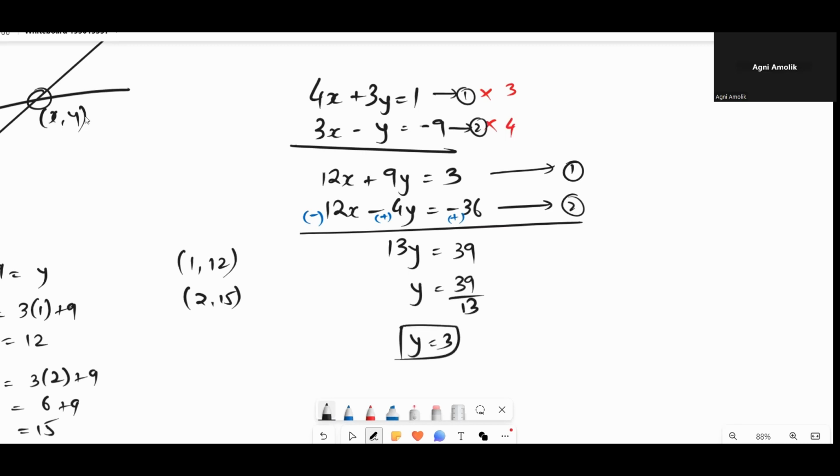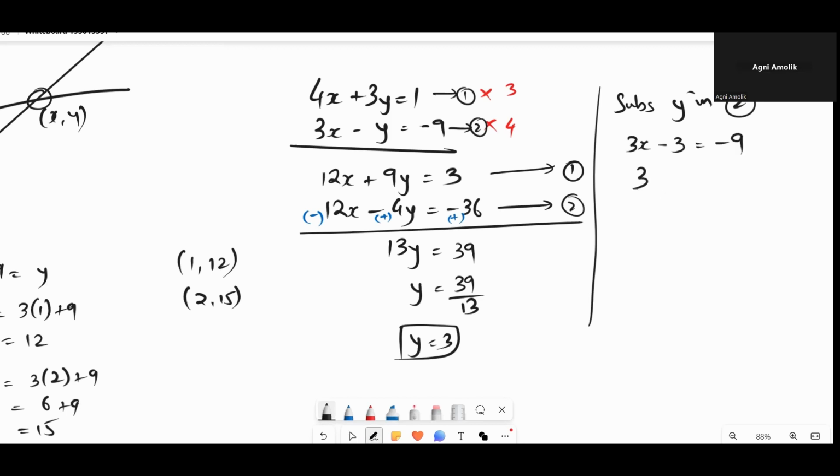Now we need to get the x coordinate. How do we get it? Put this y in any one of the equations. Which equation should we put y in? Substitute y in the second equation, whichever you want. So that will be 3 into x minus 3 is equal to minus 9.